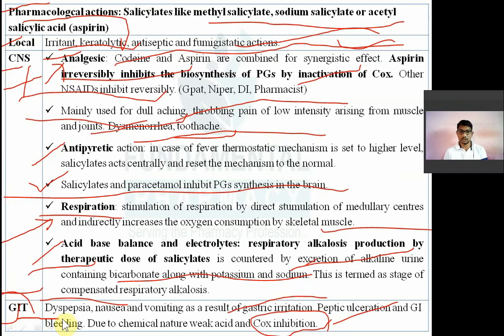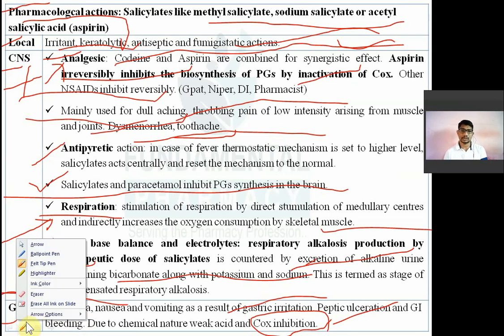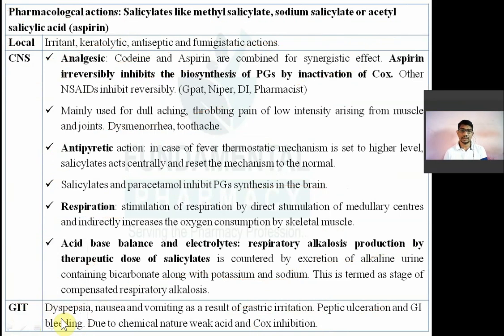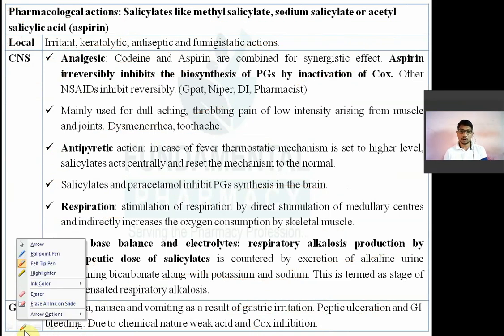So one of the symptoms of salicylic acid poisoning, salicylic acid overdose, is bleeding, gastric bleeding, because of local COX inhibition.